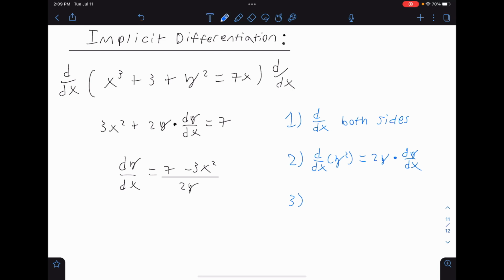Then step 3 is solve or isolate for dy over dx. Step 4 is happy. You're done. Once you solve for dy over dx, you're finished the question. And that's how you do implicit differentiation.